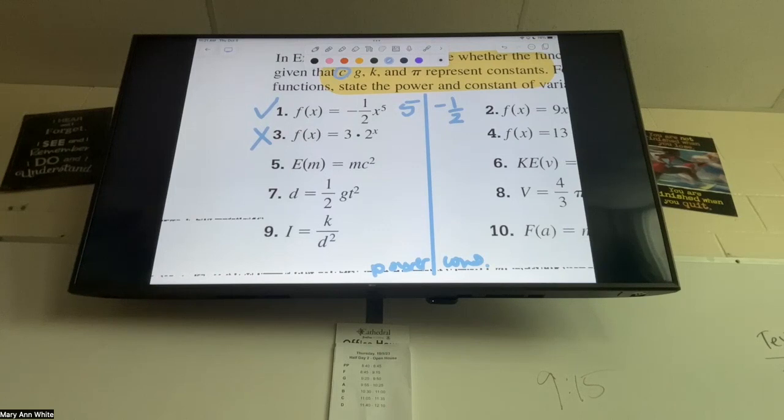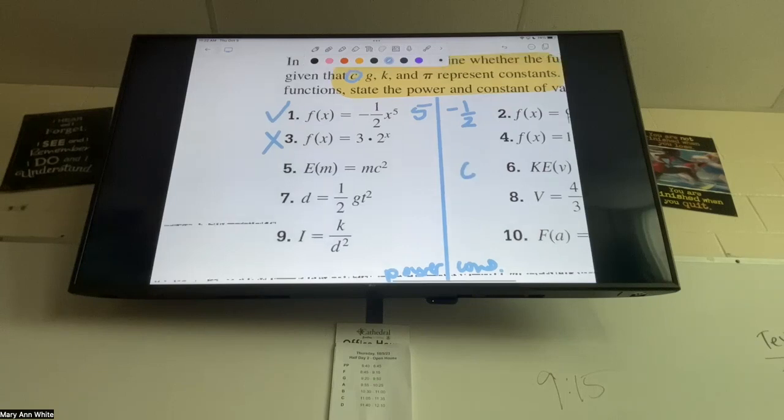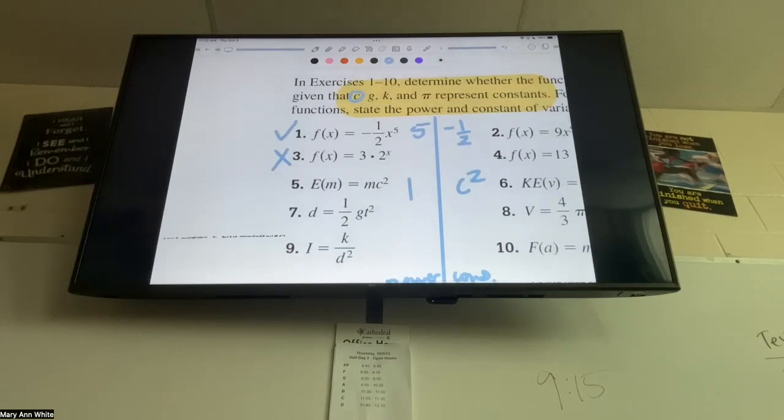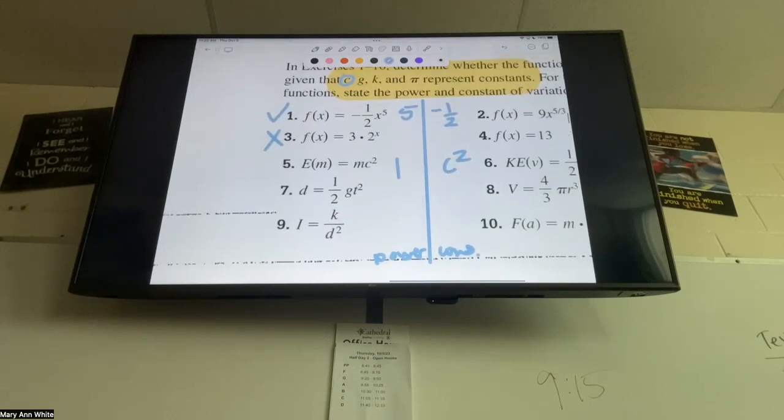So what's the power of this one? Not 2, because C is the constant. So C, we'll even write C squared as my constant first. M is my x. So what's the exponent on M? 1. Very good. It's just 1. I only know that because we just did that a second ago, so I knew to go back to the directions and look what counts as a constant. So C counts as a constant.